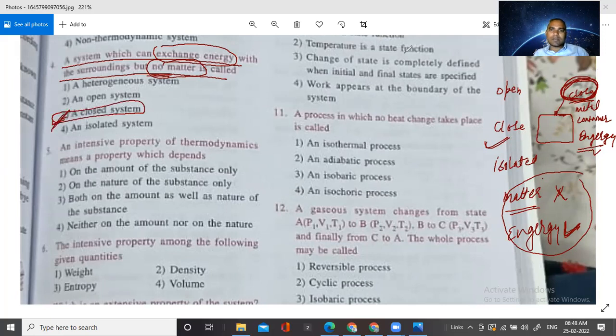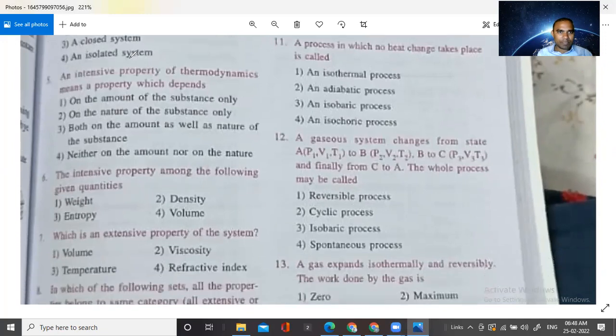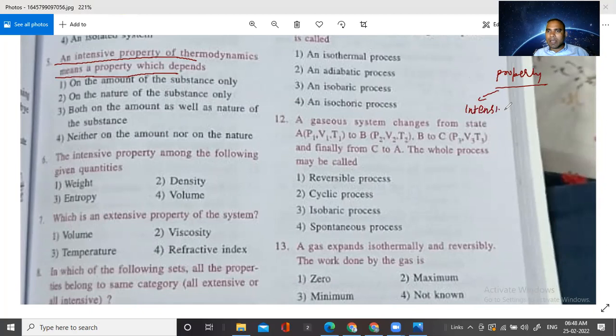Let's see the next one. Okay, question number 5. You can open the book also if you have the book. This is the PDF sent by you. Fifth question: an intensive property of thermodynamics means a property which depends on... See, I told you property has two types. One is intensive and the second is extensive.